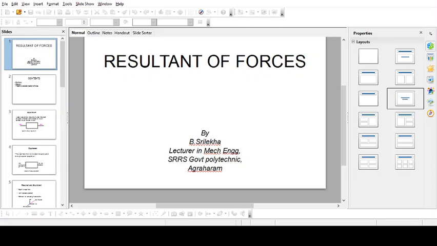Similarly, we can resolve forces into horizontal and vertical components. In today's class we are going to discuss equilibrium and resultant, and we'll have a few problems to calculate the resultant of forces.